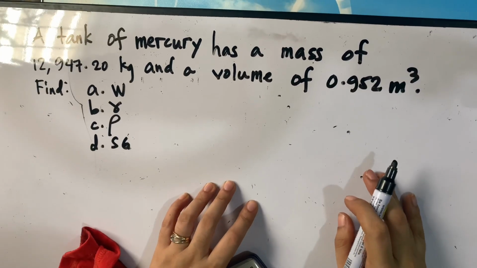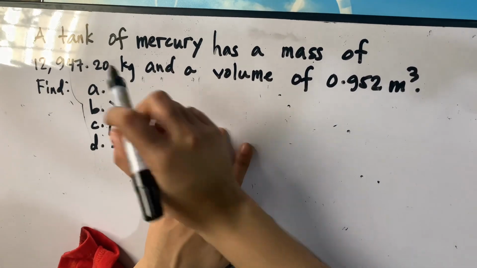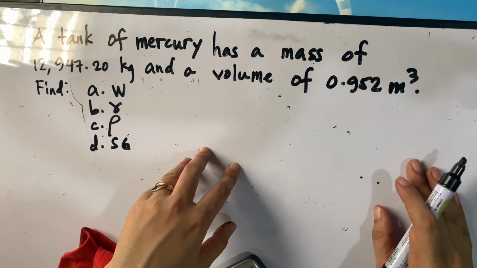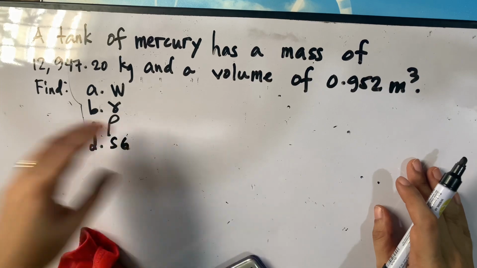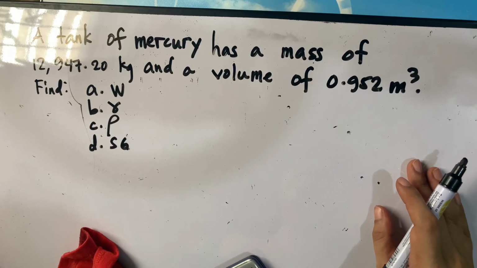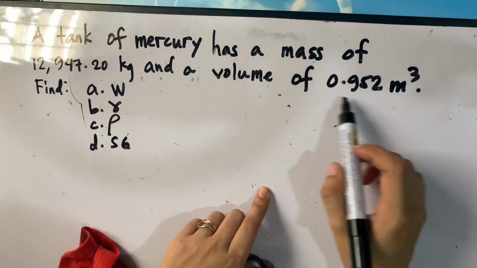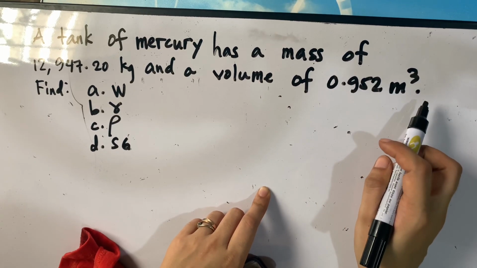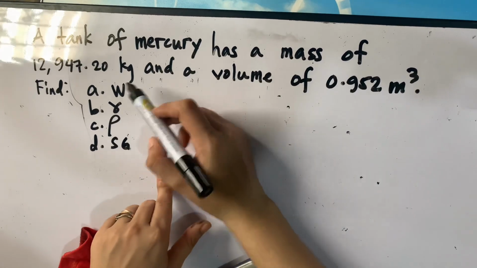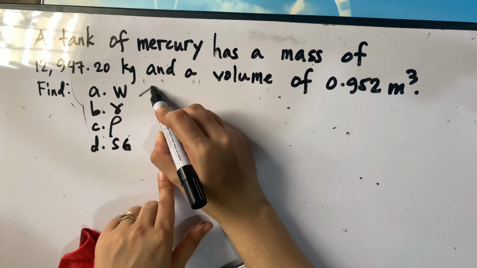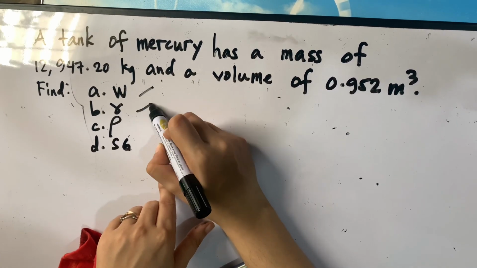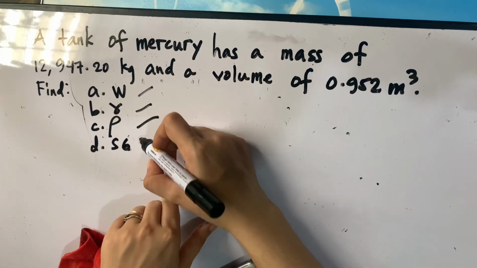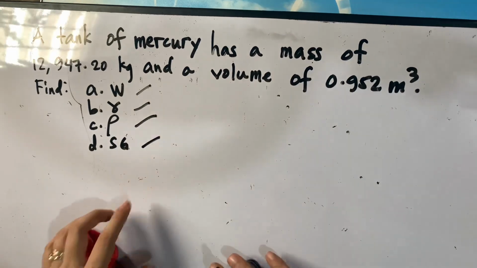Let's have another example. A tank of mercury has a mass of 12,947.20 kilograms and a volume of 0.952 cubic meters. Find A, the weight, B, the specific weight, C, the density, and D, the specific gravity.